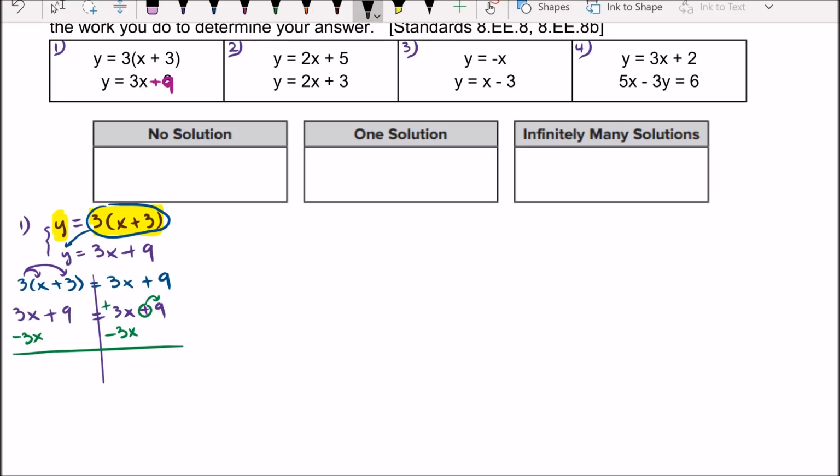3x cancels out with 3x, leaving us with 9 equal to 9. And this is a true statement. A number equal to itself, that is true. So when it's true, it's going to be infinitely many solutions.